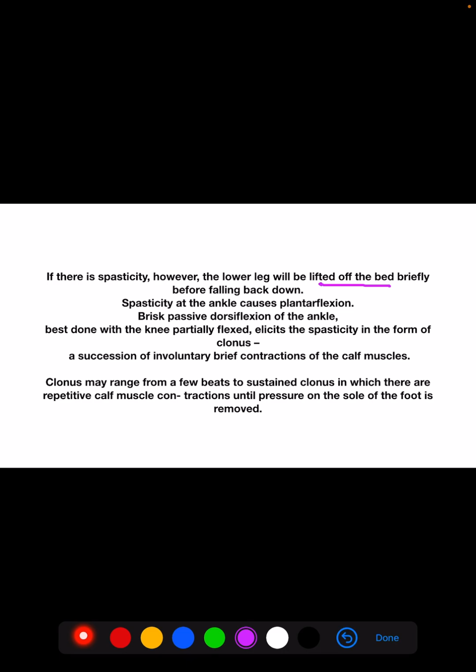In normal patients it falls immediately, with flexion of the knee occurring because of gravity. Here the lower leg will be lifted off the bed briefly before falling back down.